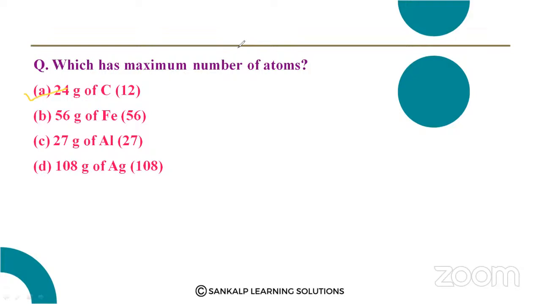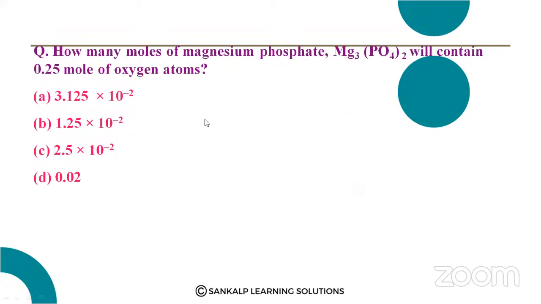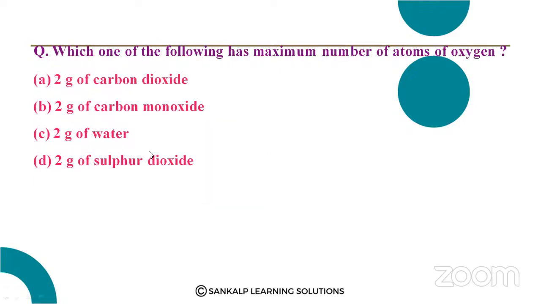Then this was another question we had solved. Next we'll see this particular problem. What is the question? Which one of the following has the maximum number of atoms of oxygen?